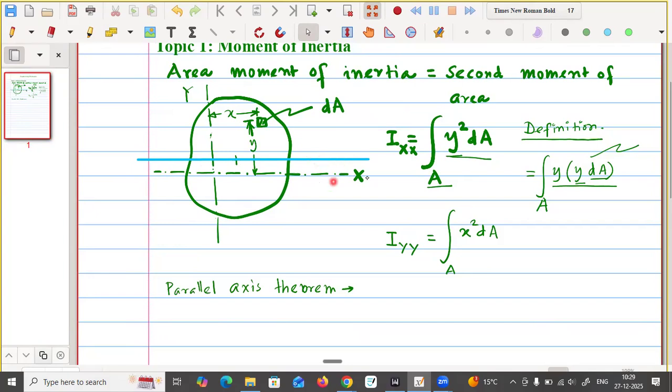And this x-axis is any other axis parallel to this. So just how to transfer?